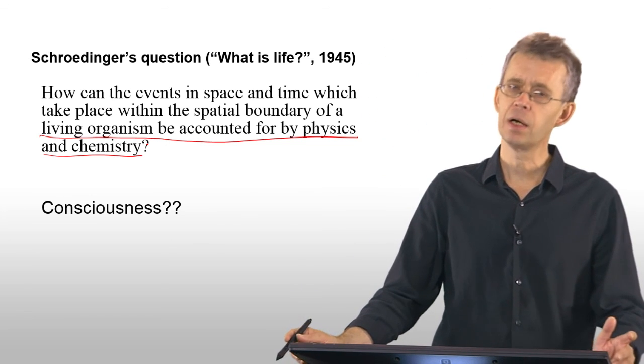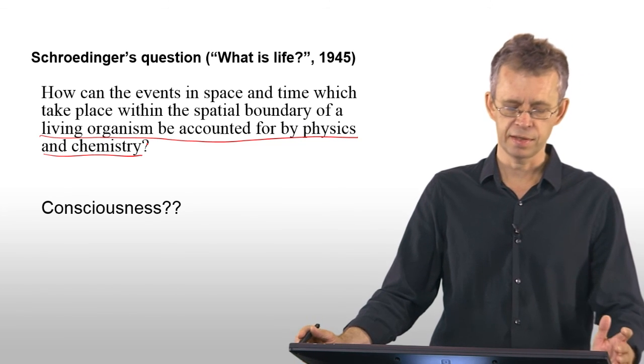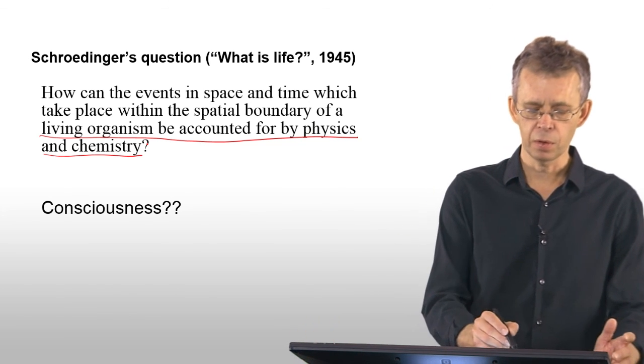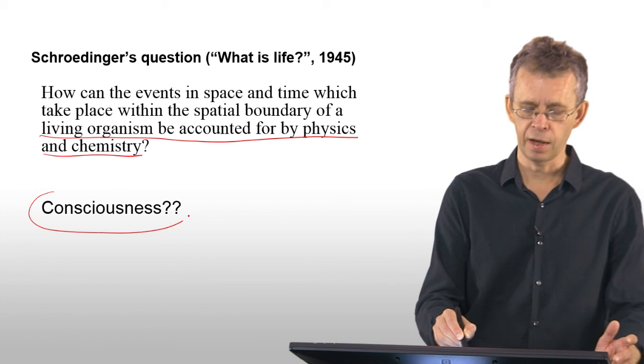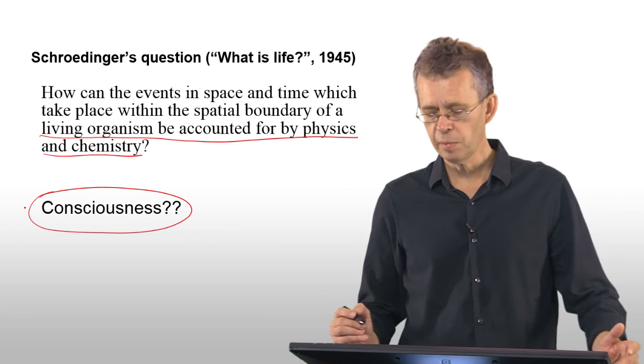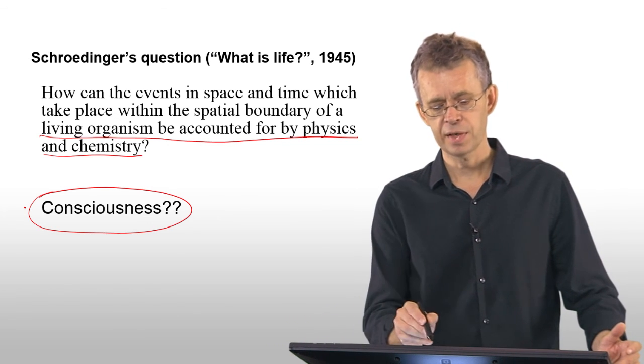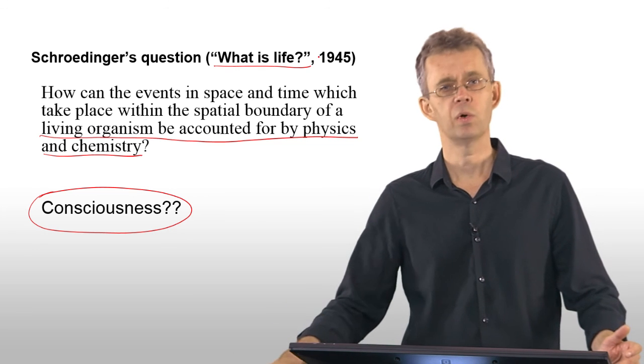There are still big problems and questions which we have not understood so far, and one of them was also posed by Schrödinger, and this is the problem of consciousness. So there are still many problems on the way to understanding this basic question: what is life?